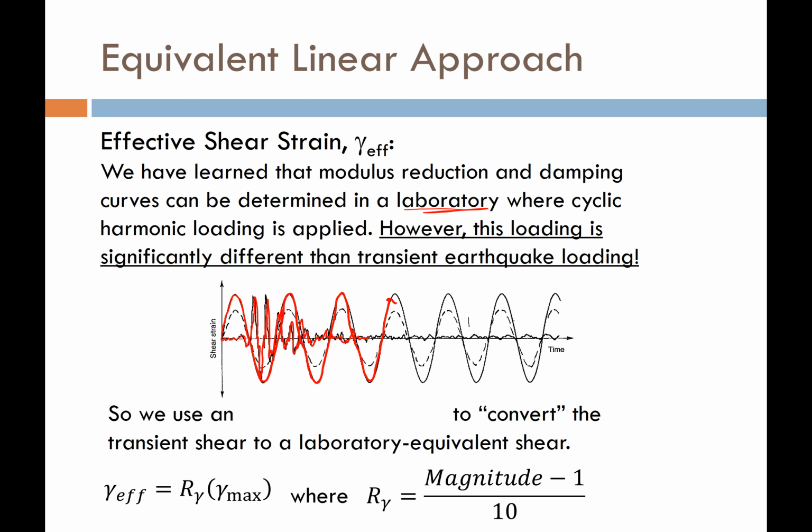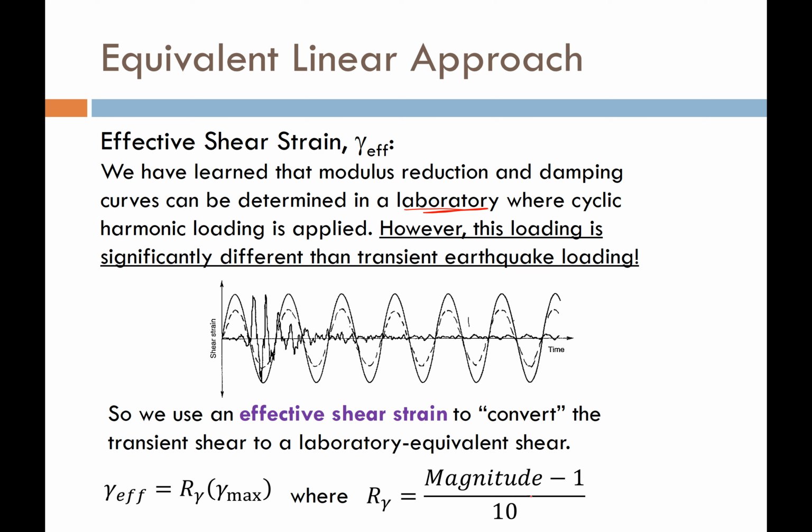So the challenge, of course, is how in the world do we convert the transient motion to an equivalent cyclic motion? What we're going to use is this effective shear strain to convert the transient shear strains to an equivalent harmonic shear strain that would be equal to what we might see in a laboratory event.